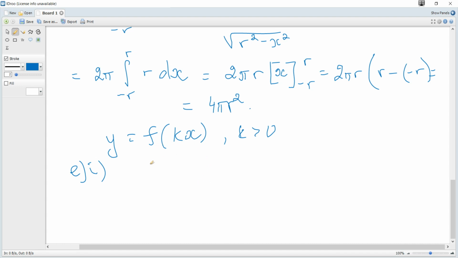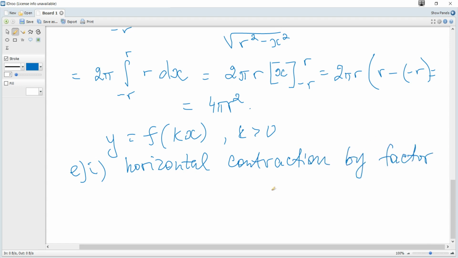F of kx is a horizontal contraction by a factor of k with the y-axis invariant.